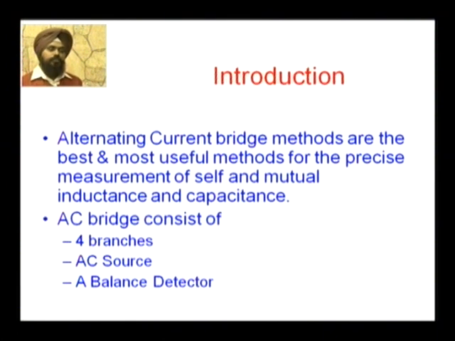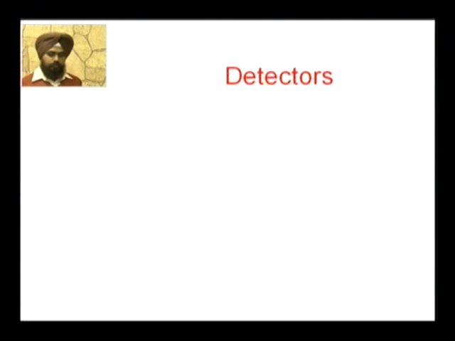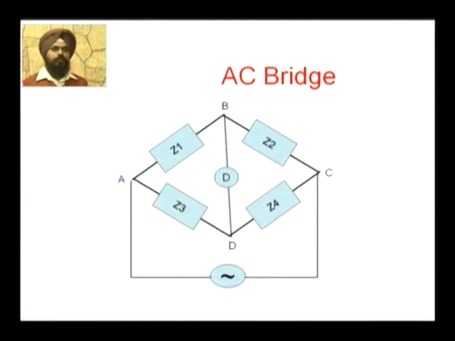AC bridge usually consists of 4 branches, an AC source and a balance detector. Now, this is a simple AC bridge. Its 4 branches are A, B, C, D, and between the branch AB we have an impedance Z1.